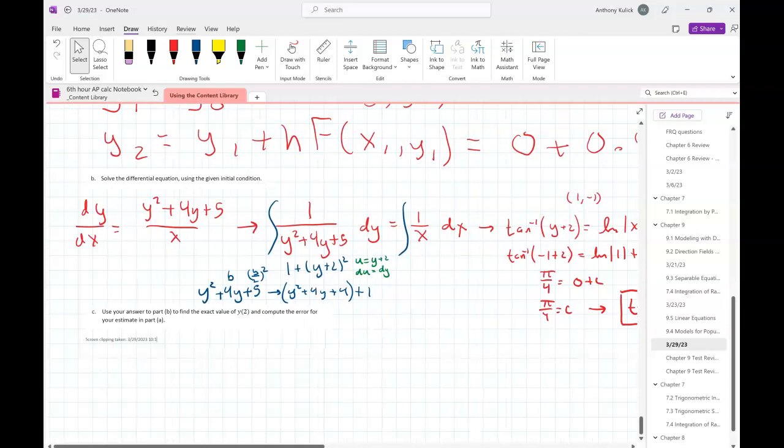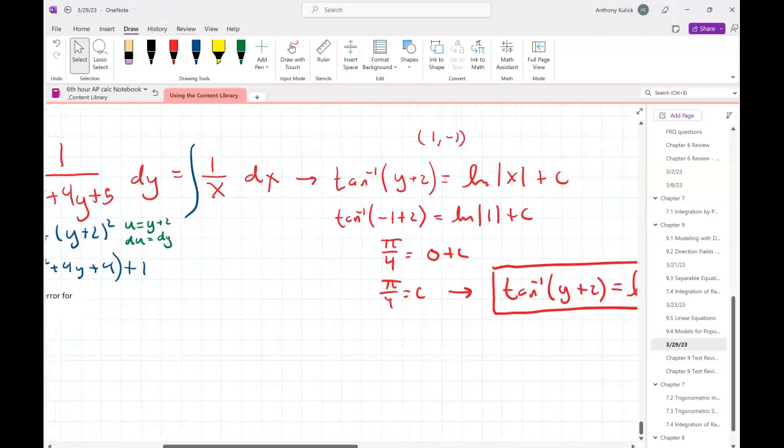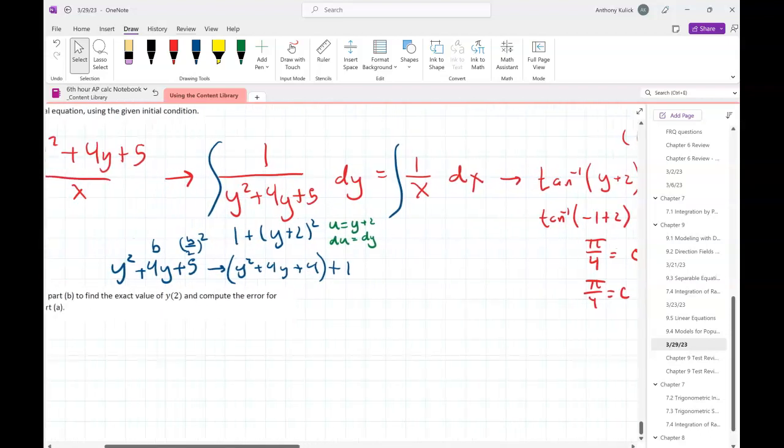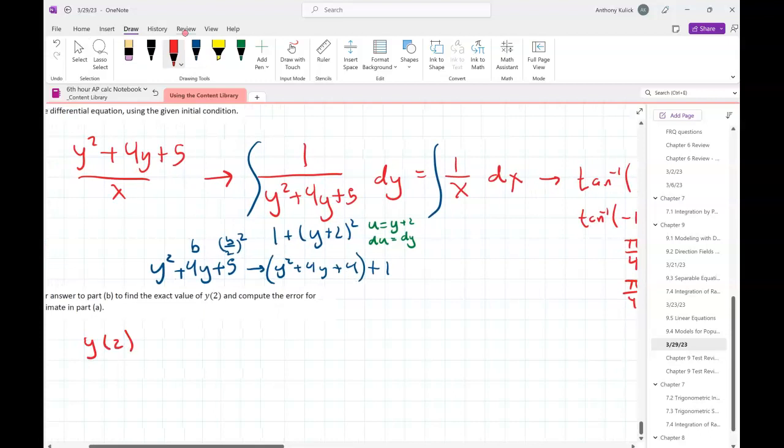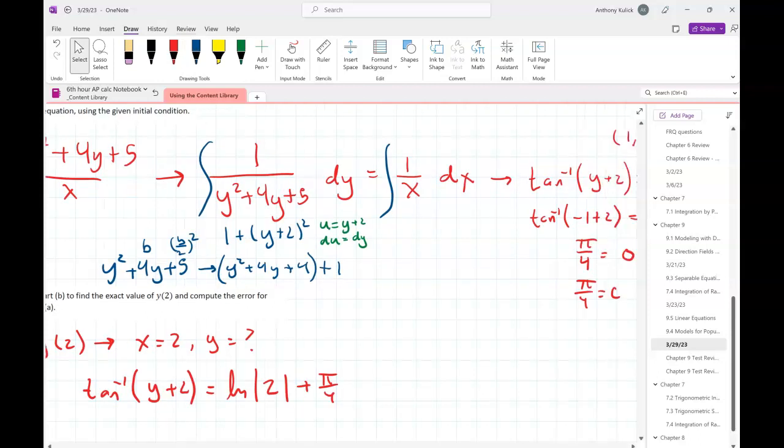The last one says then use my answer from part B to find the exact value of y of 2, and then compute the error for your estimate in part A. So y of 2, that is x equals 2 when y equals something. So we have tan inverse of y plus 2 equals the natural log of 2 plus pi over 4, right?